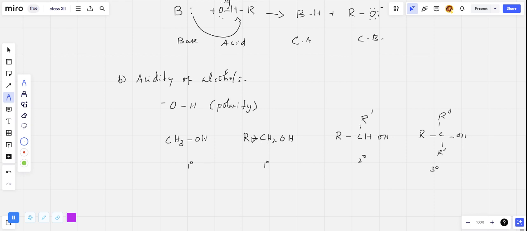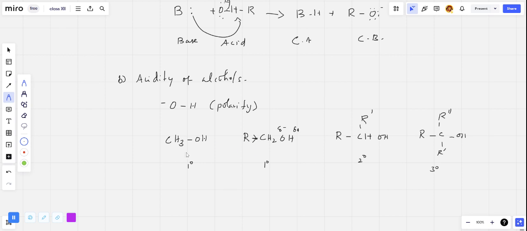As this alkyl group releases electrons, already because of the polarity, oxygen has a negative charge and H has a positive. It still increases the electron density on oxygen, so it decreases the polarity of the OH bond when compared to these.